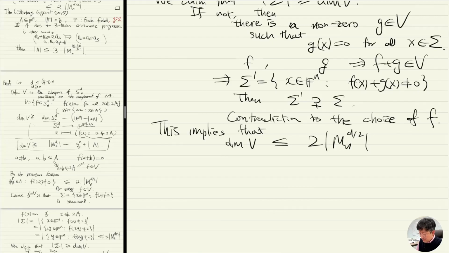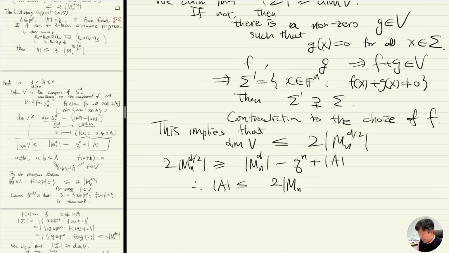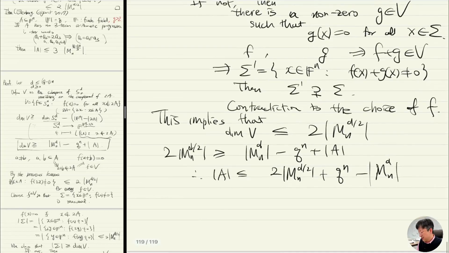Looking at this inequality on the left hand side, therefore twice m_d over 2 is bigger than m_d minus q to the n plus the size of A. That gives an upper bound on the size of A: twice m_d over 2 plus q to the n minus m_d.